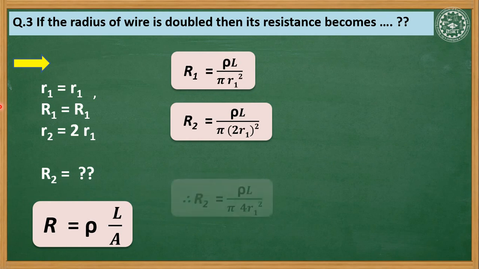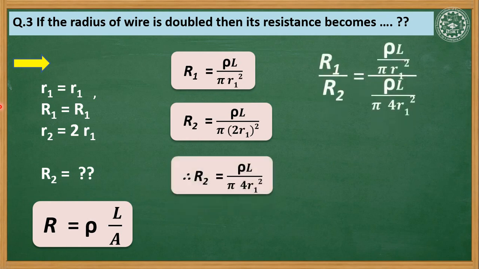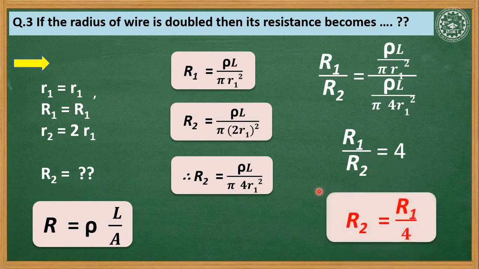So if we take a ratio of both, means R1 upon R2, then it comes out R1 upon R2 is equal to 4. Therefore R2 is equal to R1 upon 4. The value of resistance becomes 1/4 of R1, means the value of resistance is R1 upon 4.